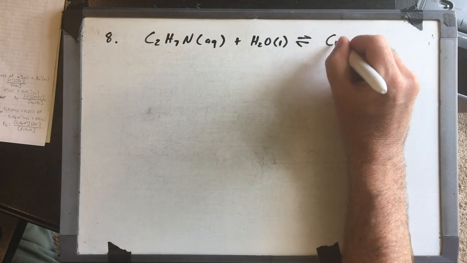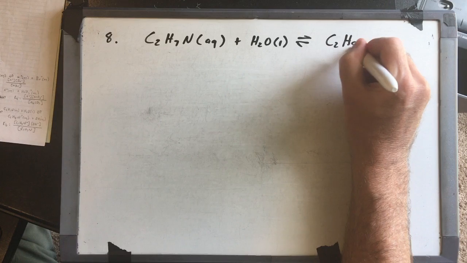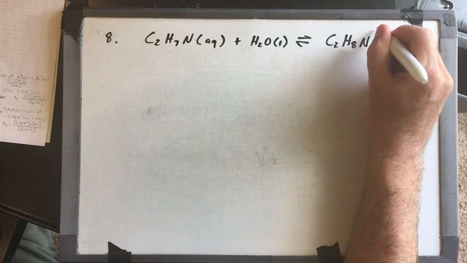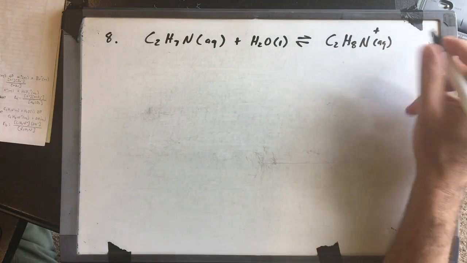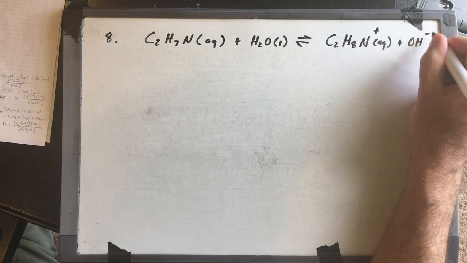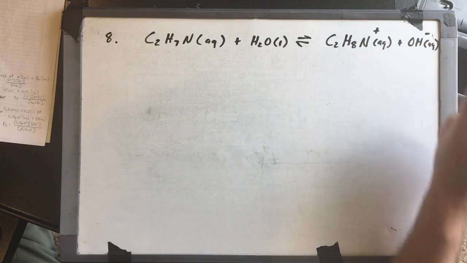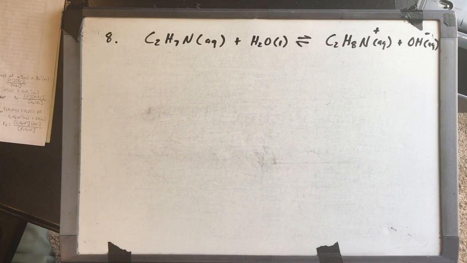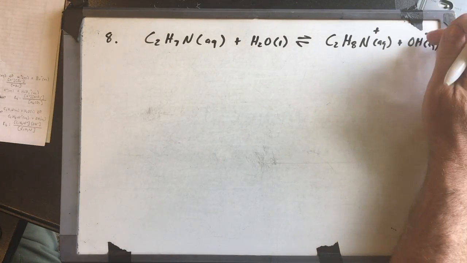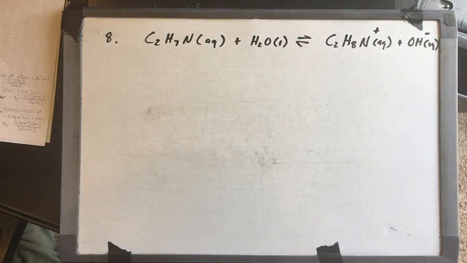So that's going to be C2H8N. It'll be aqueous. And because it took a proton, it gives it a plus charge. And then plus OH minus. All right, sorry, I kind of put that a little too far to the right. That's OH minus and aqueous.